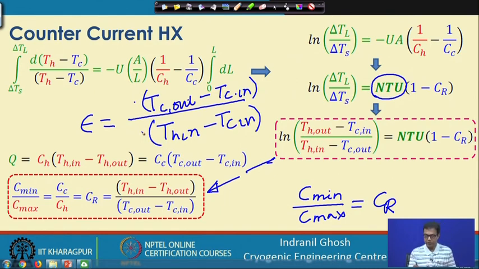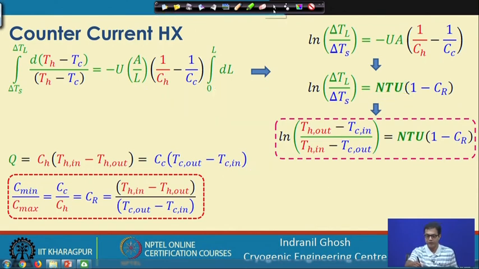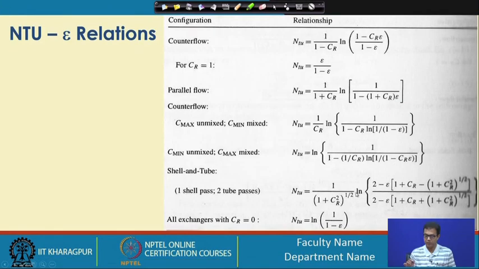So, with these three equations, if we now manipulate, we will find the final expression is coming like this. We will have a relation like this.